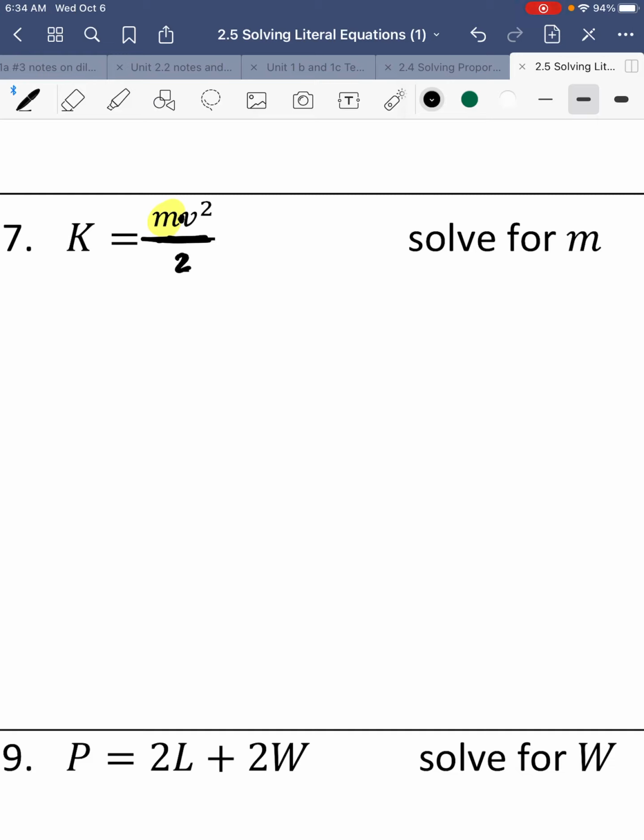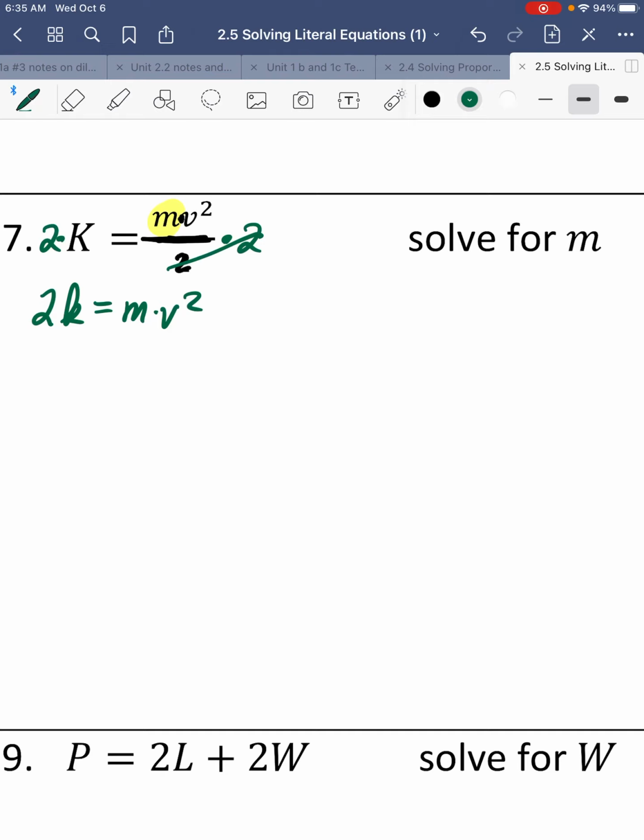Another way you can look at this is what operation is farthest away. If you were to start with the M, order of operations, you would do V squared first, times M, and then you divide by 2. So we need to do the opposite of that. So multiply by 2. So that's 2K equals M times V squared.